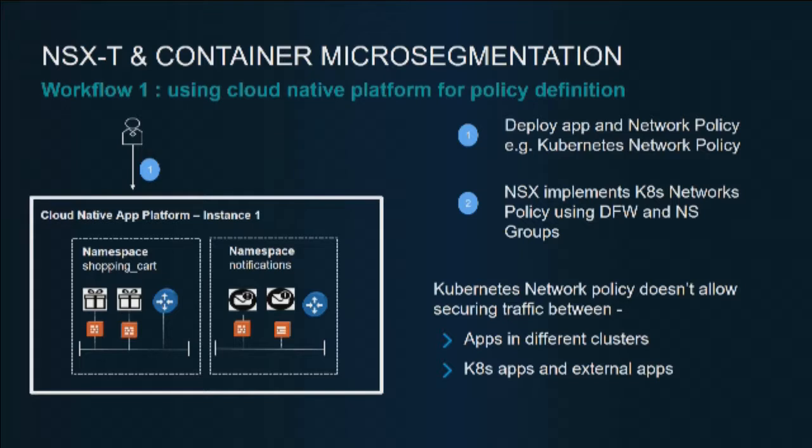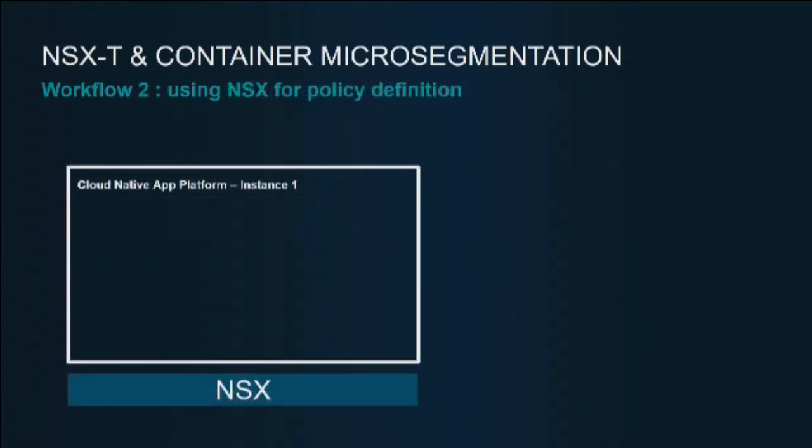But there are certain use cases that you cannot do as things stand today, and things will evolve. If you're looking to see a demo of this, we'll have this in the booth. You should go to the booth to see how you can deploy an app with Kubernetes network policy and NSX implements microsegmentation.